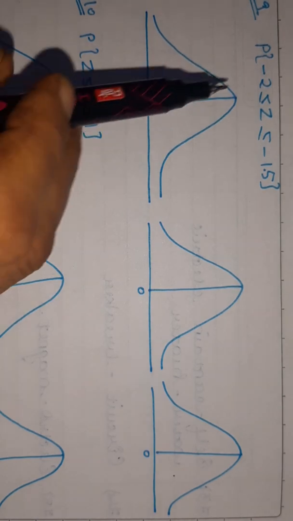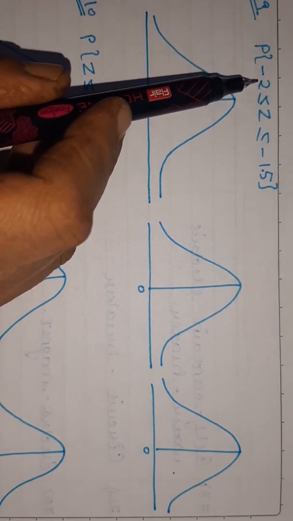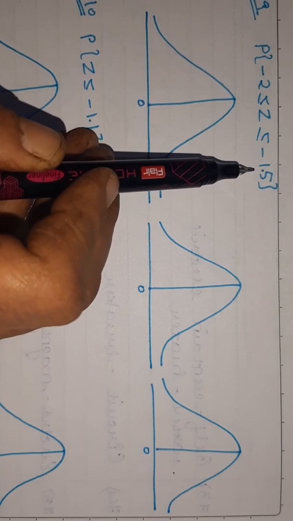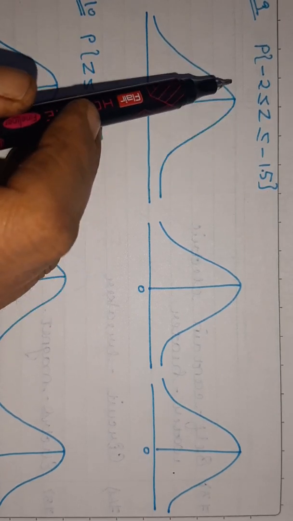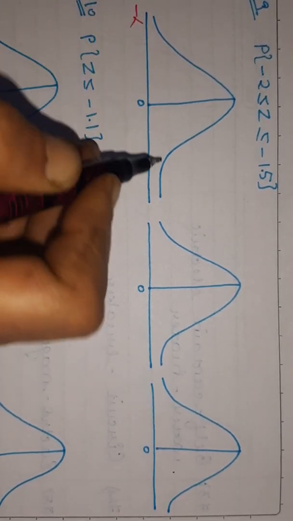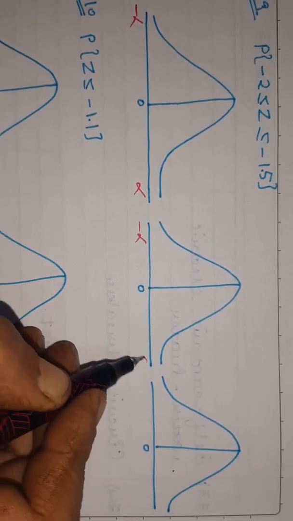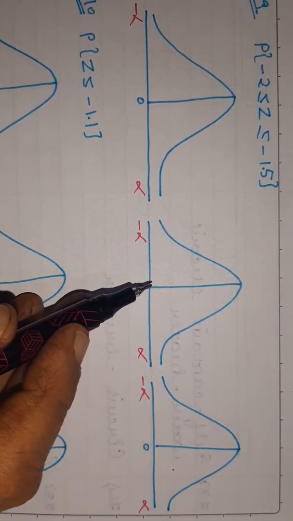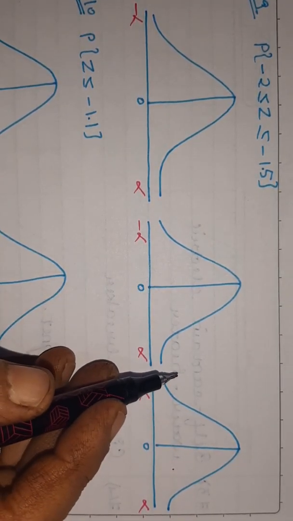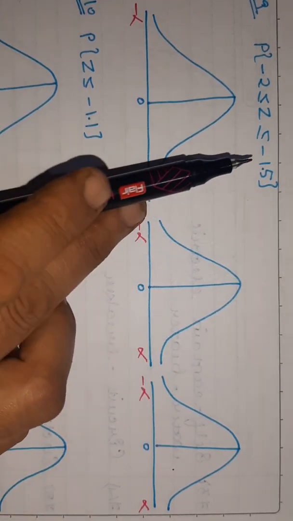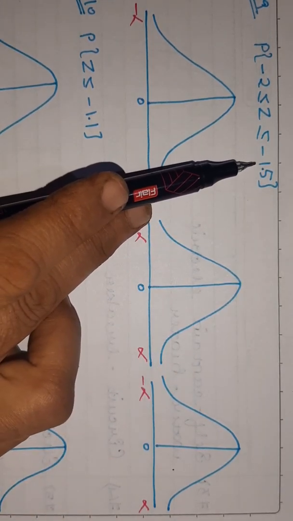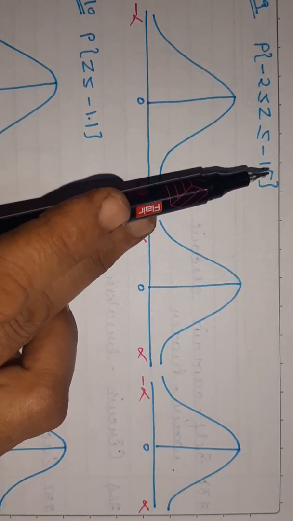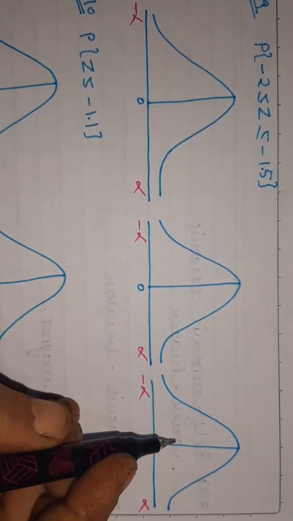Next, the area from minus 2 to minus 1.5. Now it is completely opposite. First of all, it is minus, so it will be on the left hand side. You know very well that on the negative side, the lowest value will be highest and the highest value will be lowest.